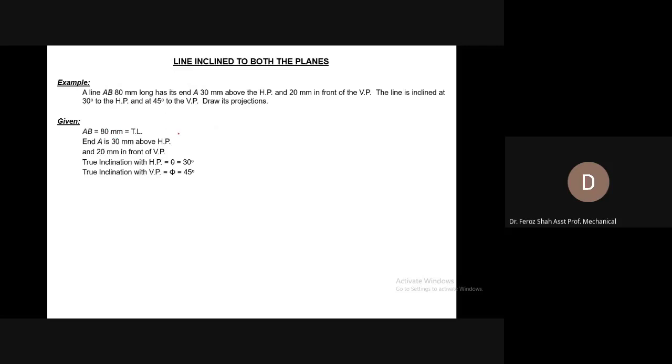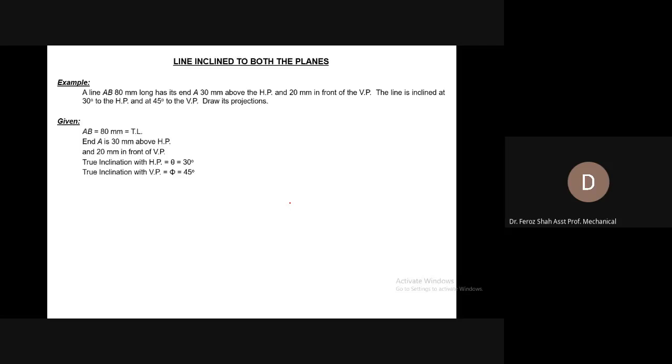The given data: the line AB is of 80 millimeter length, and A is 30 millimeter above the HP and 20 millimeter in front of the VP. So these are the hints upon which we would rely to draw the projection of this line. First of all, you will have to draw the XY reference line.